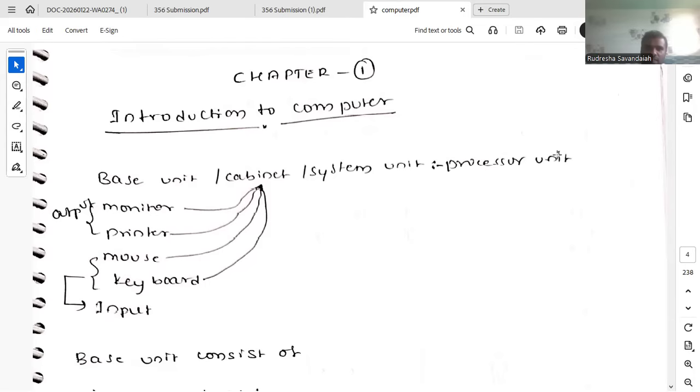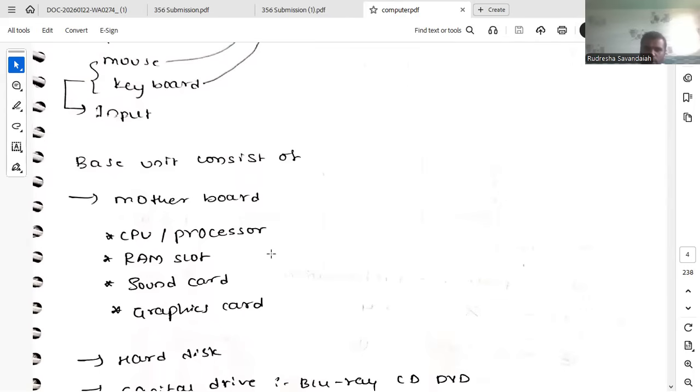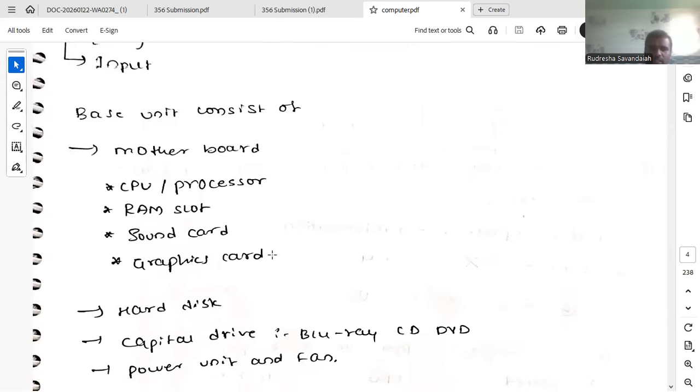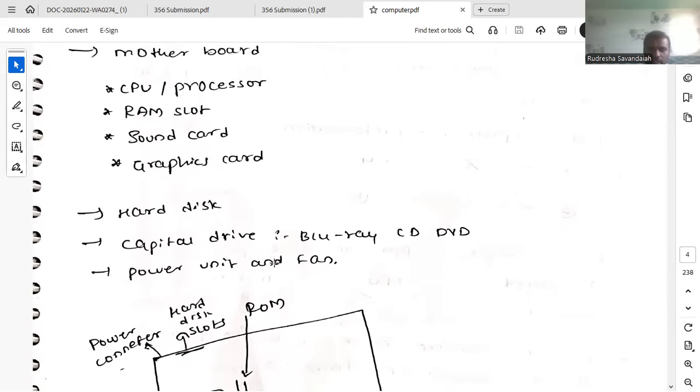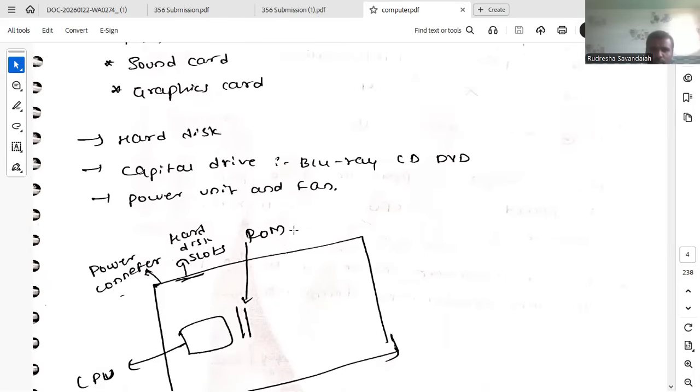The basic unit consists of the motherboard, CPU or processor, central processing unit, RAM slot, sound card, graphics card. See here, hard disk, optical drive, Blu-ray, CD, and DVD. And next, power unit and fans.